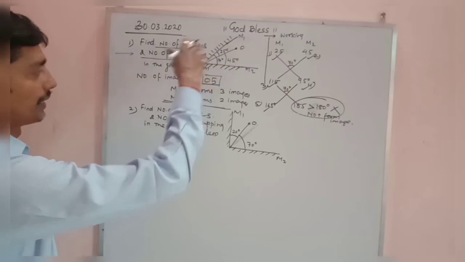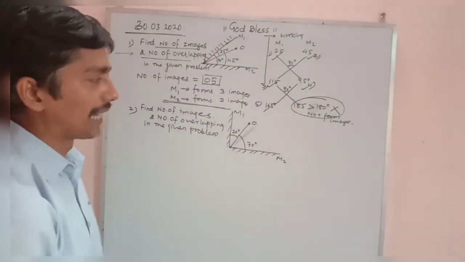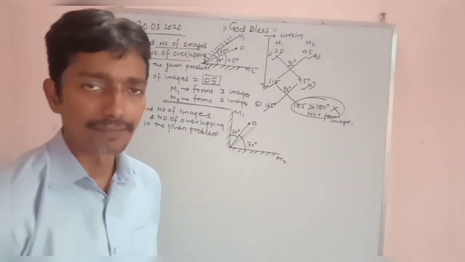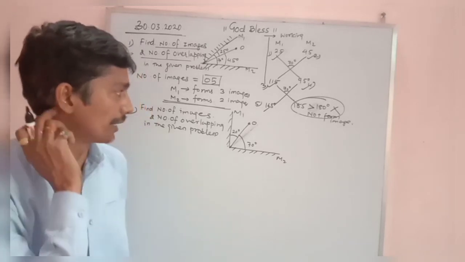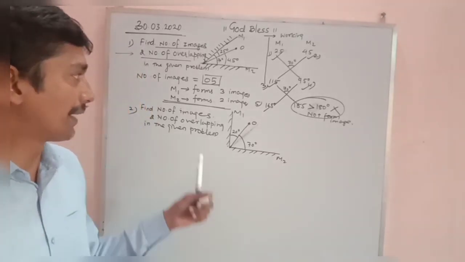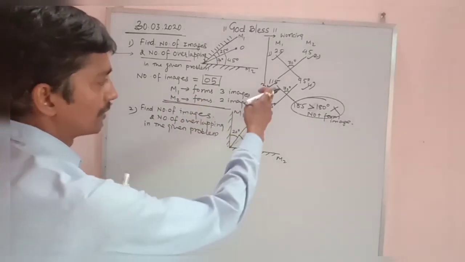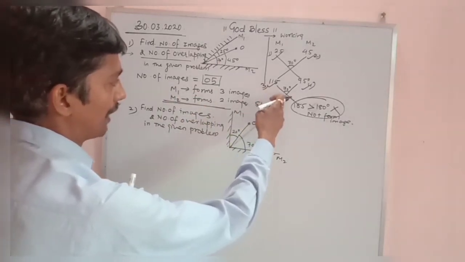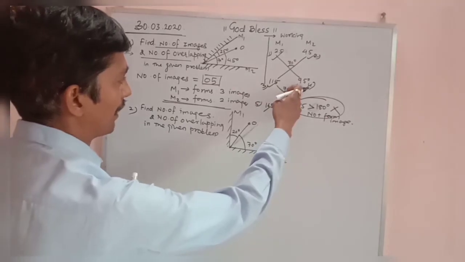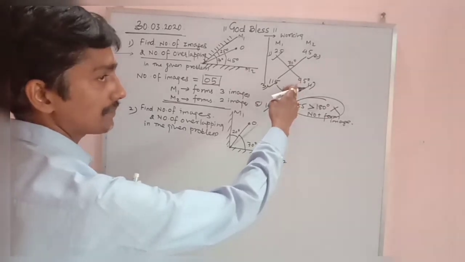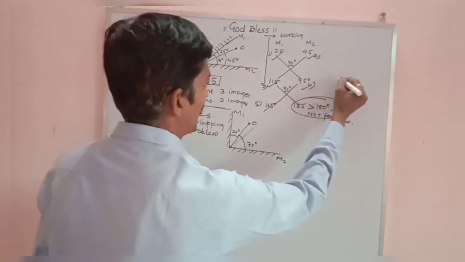Earlier in this question there was no overlapping. I will tell you what the method of overlapping is. But here there is no overlapping. You can see because 185 and 95 are different.